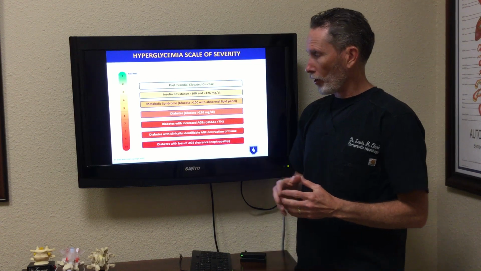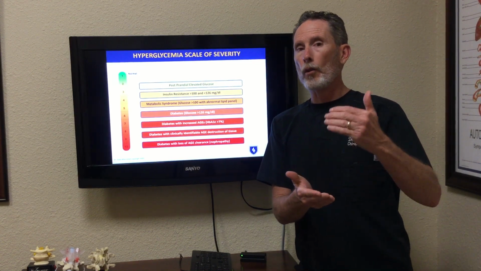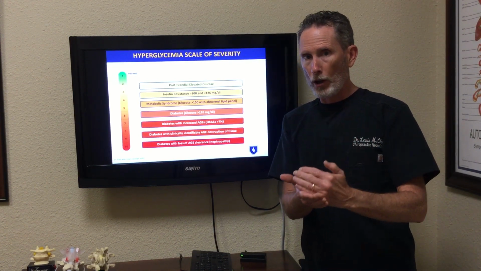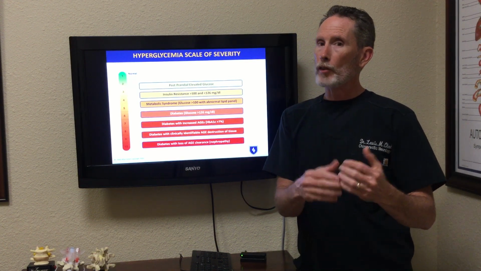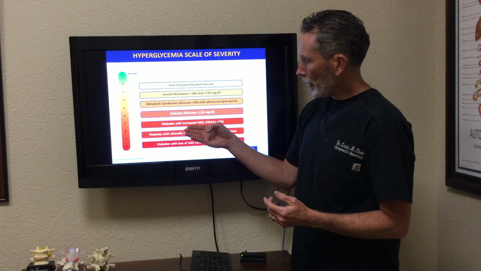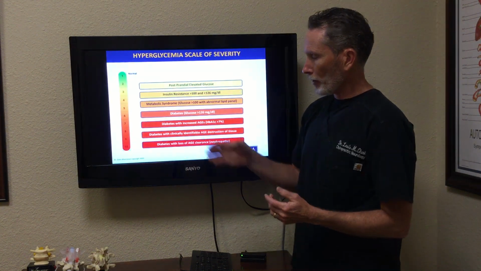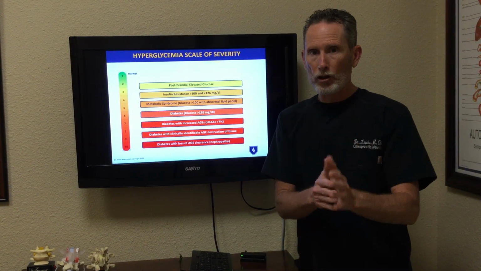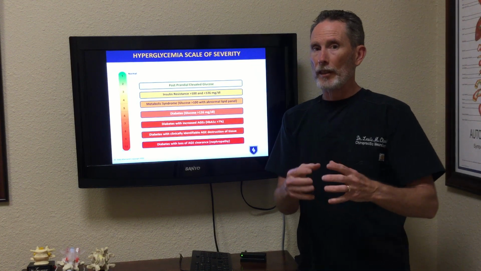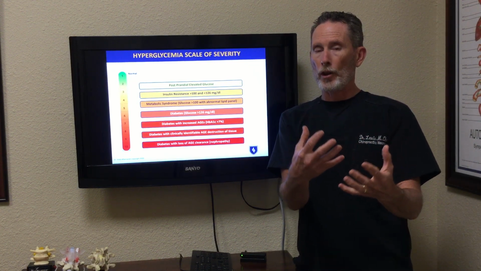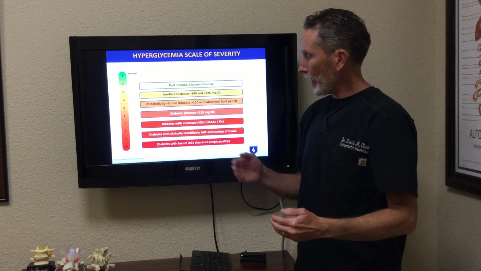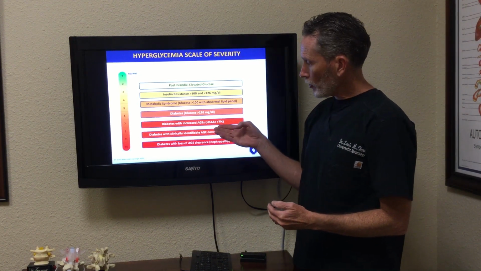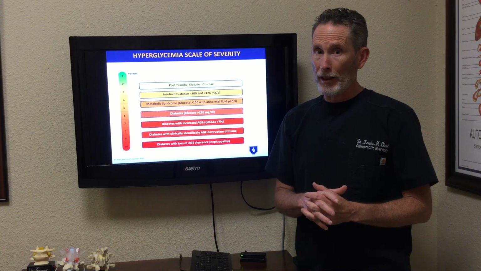Diabetes starts when your blood sugar is over 126 on a fasting glucose scale, or an HA1C above 6.4. Then you get diabetes with increased advanced glycation end products. That means that because of the high blood sugar, free radicals are produced within your body, and you can't clear those, and now the HA1C is above 7.